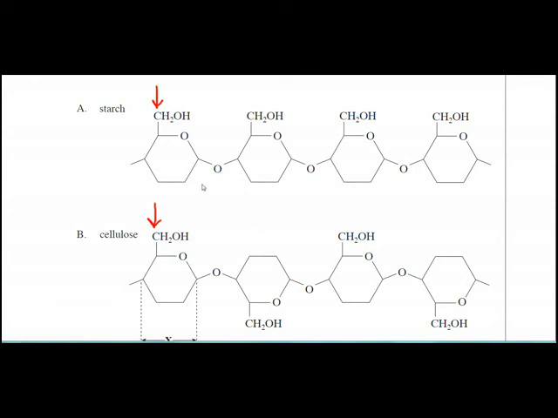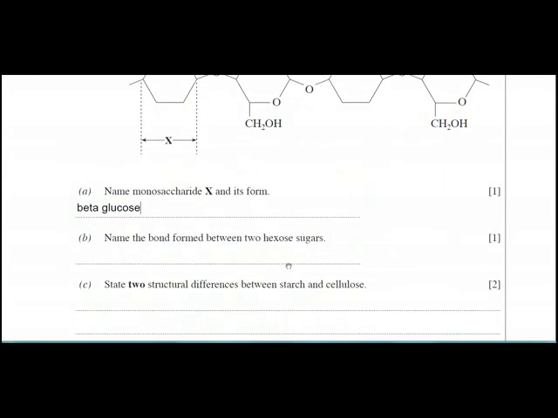Just to help you out again, that point there represents carbon number 1 on the alpha glucose, and carbon number 1 is in the same position there on the beta glucose monomer. So again, you've got to be comfortable with the different terms used to describe sugars. So that's hexose sugar explained.